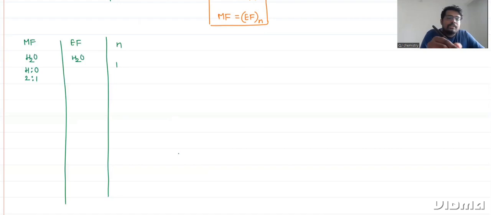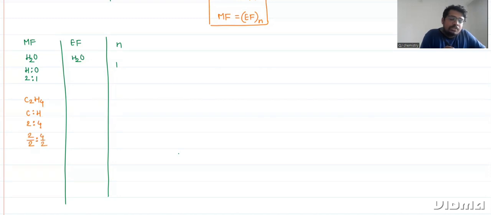The second example is ethene, C2H4. The number of carbon atoms is 2 and the number of hydrogen atoms is 4, right? So let us convert this into simplified form. Both numbers are divisible by 2, so let us divide them by 2.